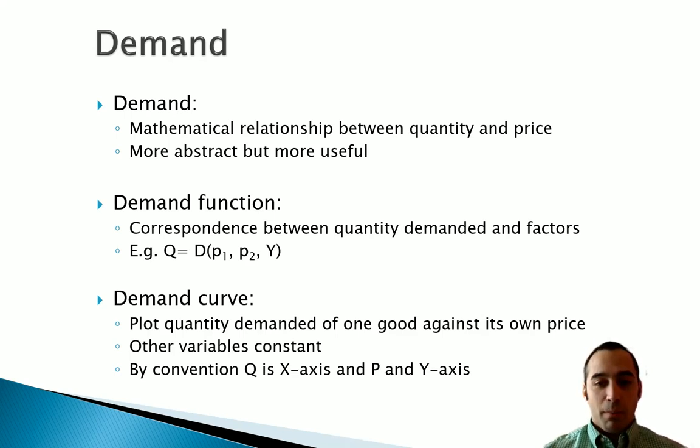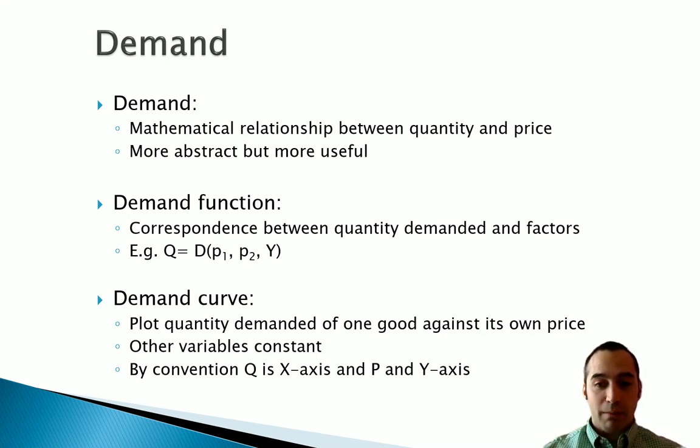Once we have in our mind the quantity demanded, we might want to extrapolate this to something slightly less concrete. We'd call this less concrete relationship between quantity and price demand. I say it's more abstract because we can't really observe demand.